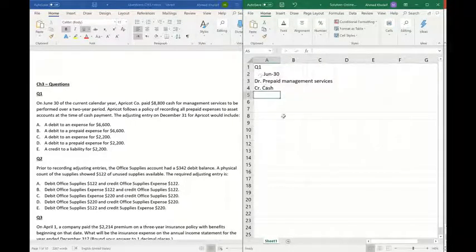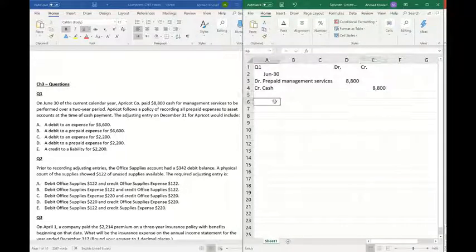This payment is for an amount of 8,800, and it's covering 2 years. So this is for a 2-year period, which is 24 months.